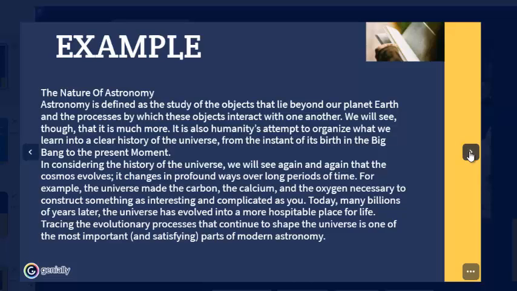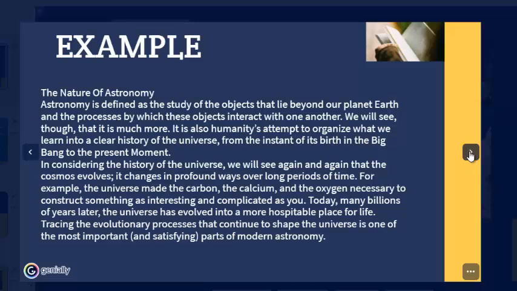In considering the history of the universe, we will see again and again that the cosmos evolves. It changes in profound ways over long periods of time. For example, the universe made the carbon, the calcium, and the oxygen necessary to construct something as interesting and complicated as you.